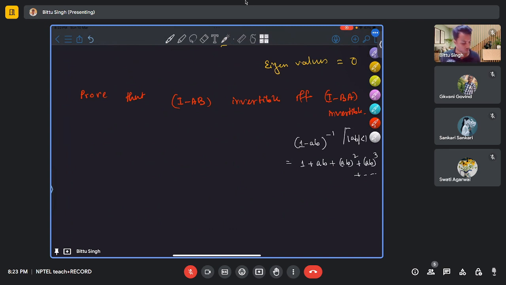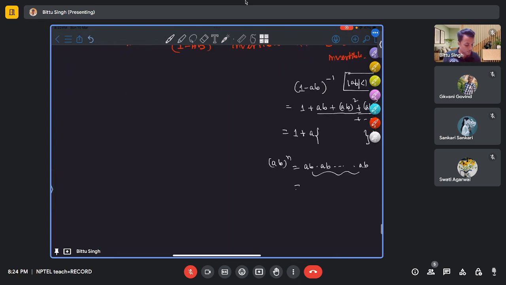This is our assumption. Now if you separate the 1 and take a and b common, we are considering those terms only. What is ab to the power n? This is ab times ab, continuing up to n times, right?